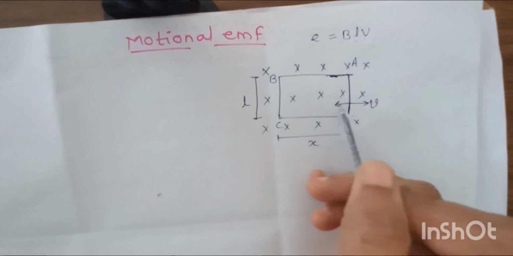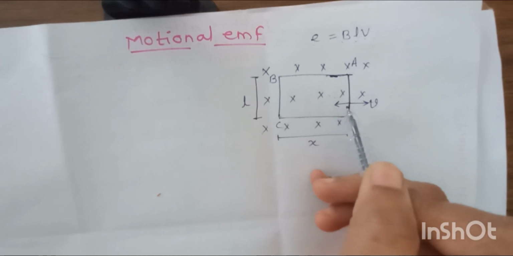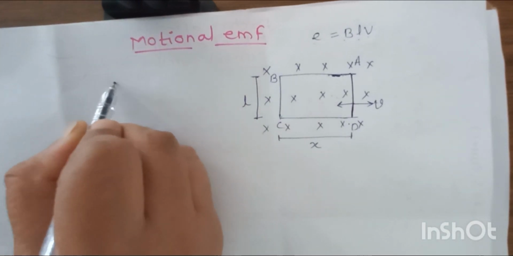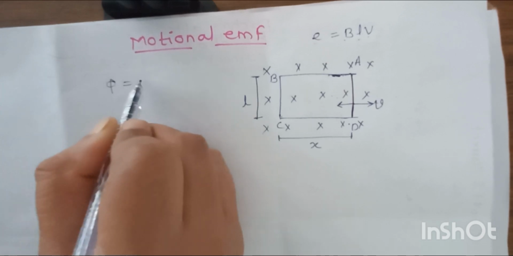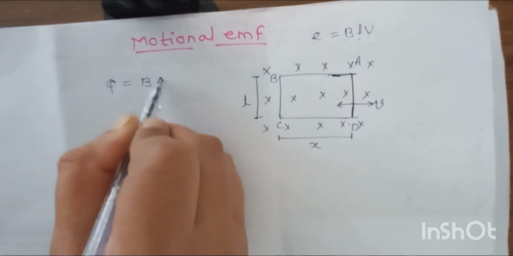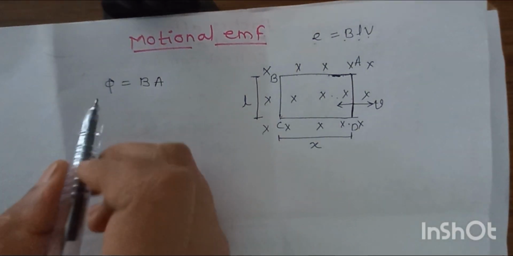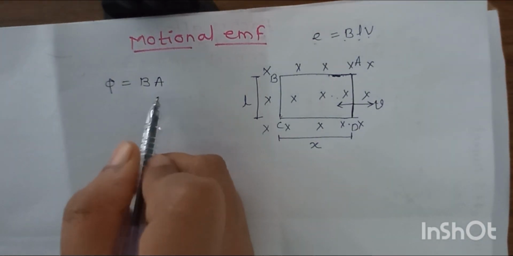So if there is an increase or decrease of the field lines, there is a generation of flux phi, and that flux phi is nothing but B into A. B is the magnetic field and A is the area.